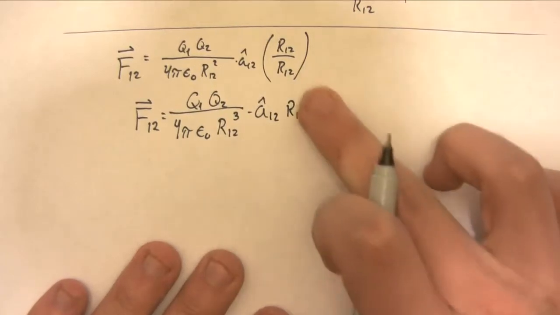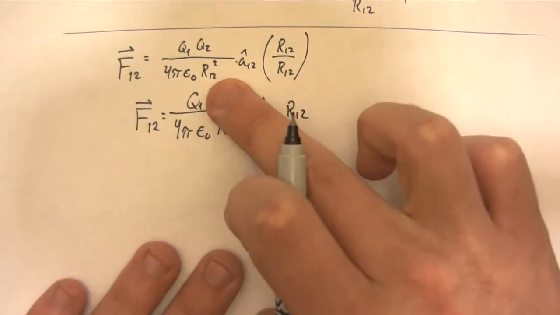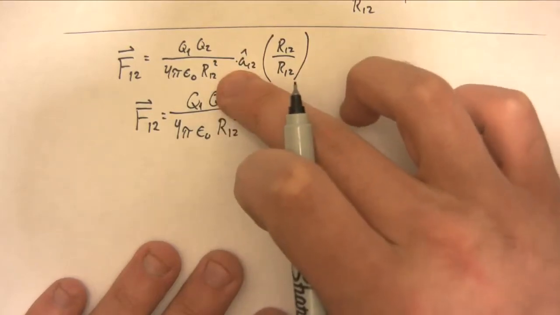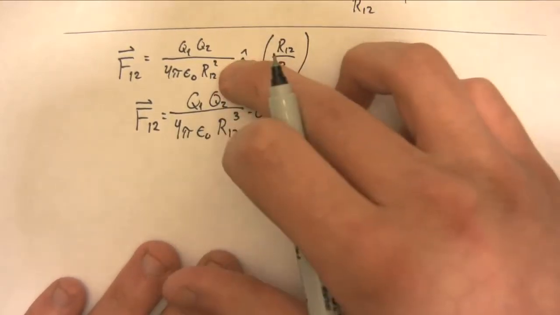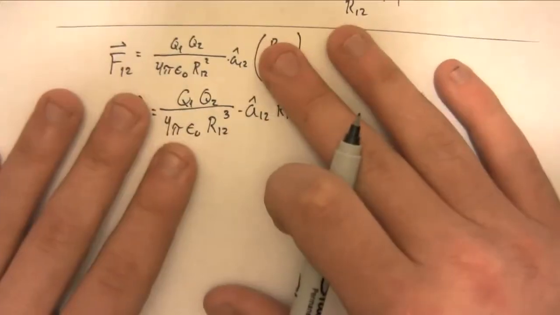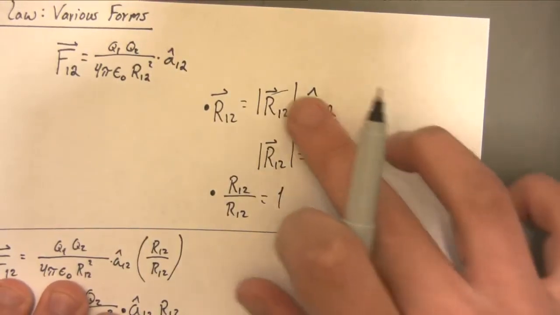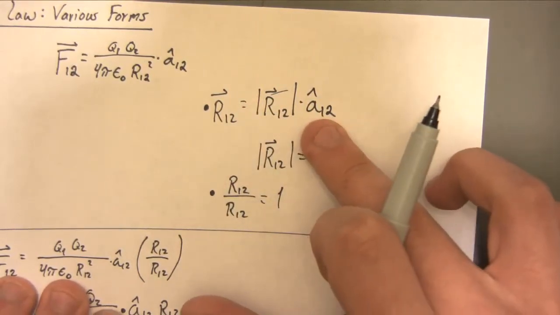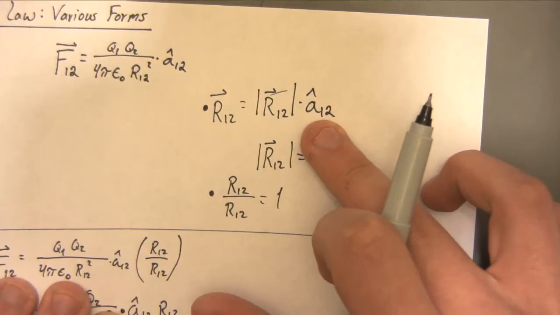Alright, so all I did was take this guy, include him inside the square, cubed, because essentially this is just R12 times R12 times R12, it doesn't change anything. Now, wait a minute. We already stated that the magnitude of R12 multiplied against the unit vector a hat 12 is our R12 vector.